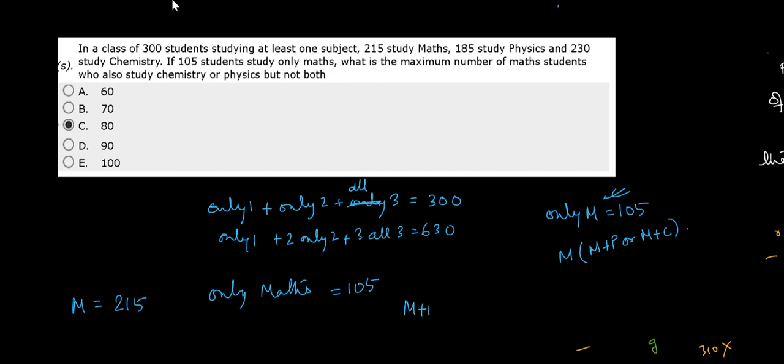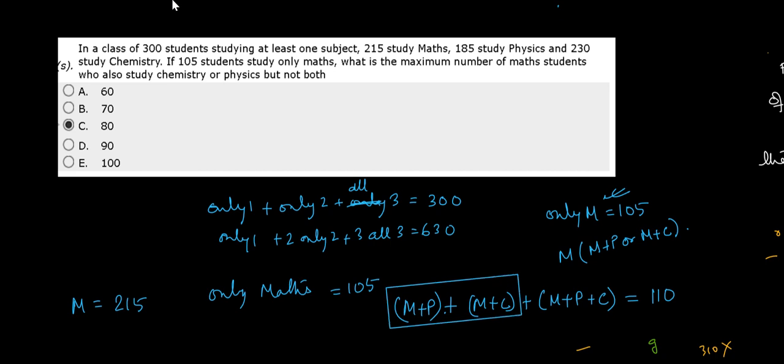It would be maths plus physics, plus maths plus chemistry, plus maths plus physics plus chemistry. What is this? 110, right? And we are asked to find the maximum of these two numbers, correct?